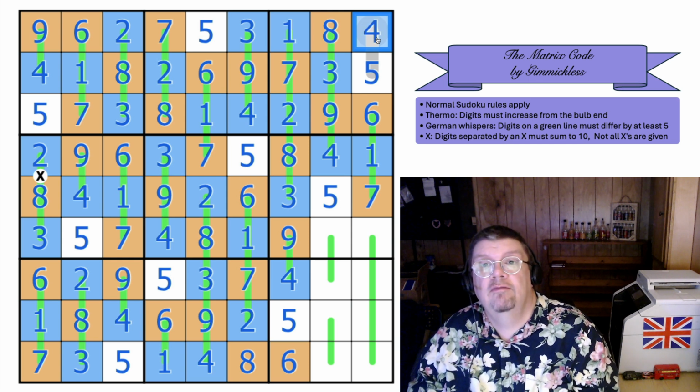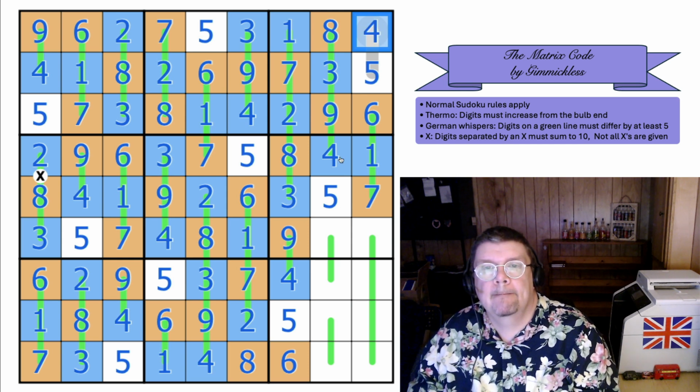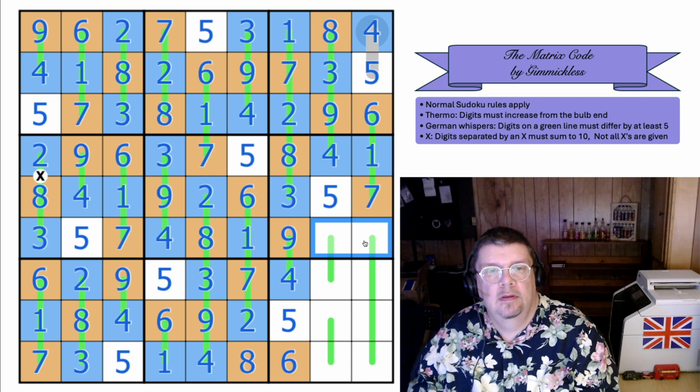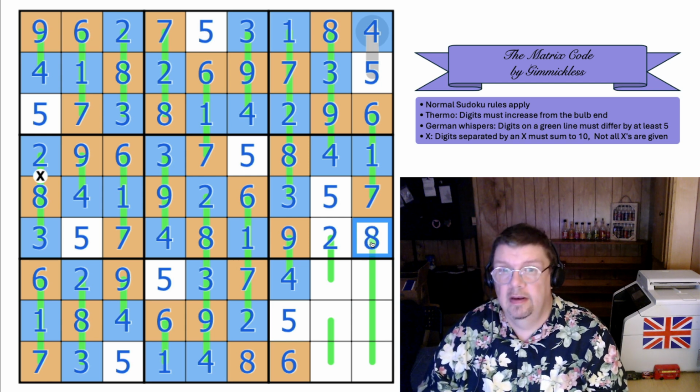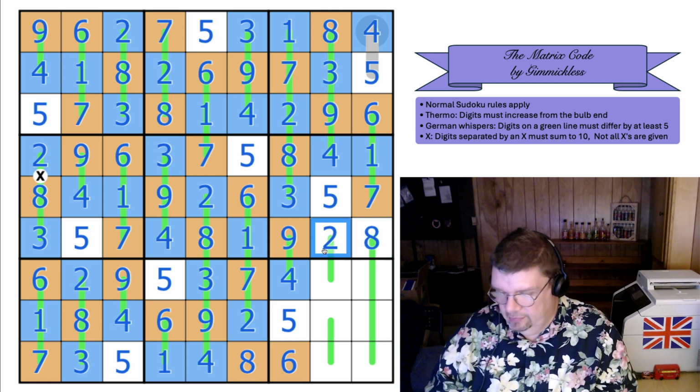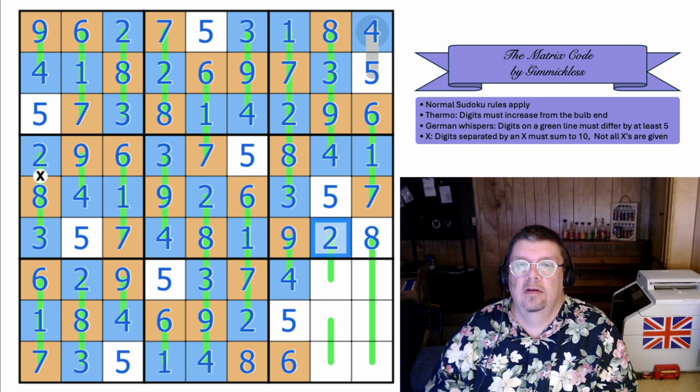That is a 4. These 2 digits are 2 and 8, which we can place. That makes this low.